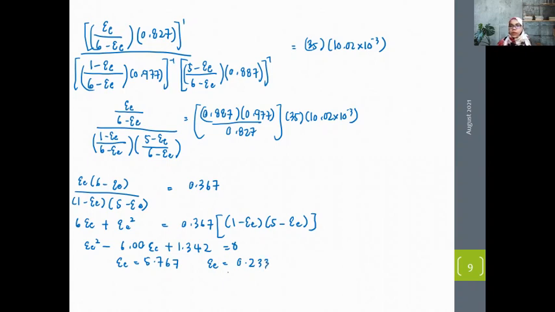Comparing both values, we choose the root that is less than 1, because the conversion, when converted into a percentage, shouldn't be higher than 100%. So the maximum conversion as a fraction is 23.3%.